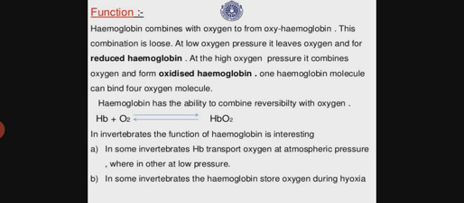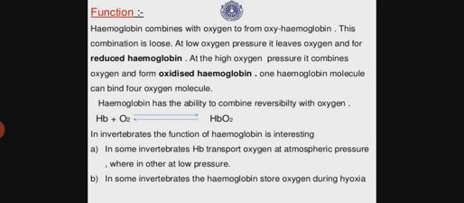Coming to the function of hemoglobin, hemoglobin combines with oxygen to form oxyhemoglobin, a reversible compound, and this combination is loose once it reaches the cellular level. That is, at low oxygen pressure it leaves the oxygen and forms reduced hemoglobin.